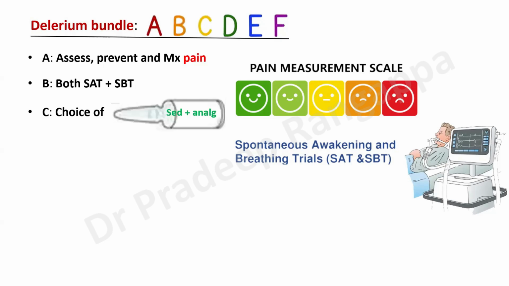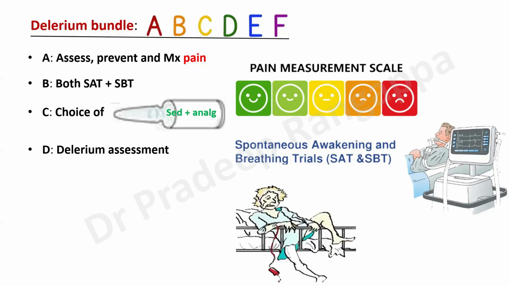And the choice of sedation and analgesia is important, because it has been very clearly shown that excessive use of benzodiazepines significantly increases the risk of delirium. So try to use non-benzodiazepine sedatives, like opioids or dexmedetomidine, and so on. Using sedation minimally reduces the risk of delirium.